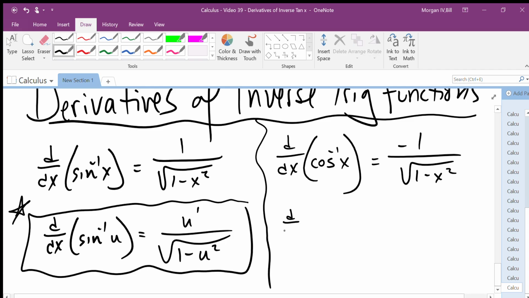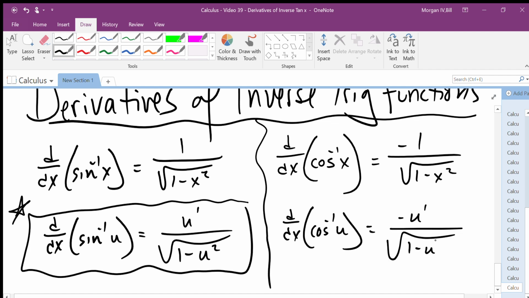And the derivative of inverse cosine of u is negative u prime over square root 1 minus u squared. Out of all these four, the derivative of inverse sine of u, that's the one I want you to remember. The derivative of inverse cosine of u is just the negative version of that.